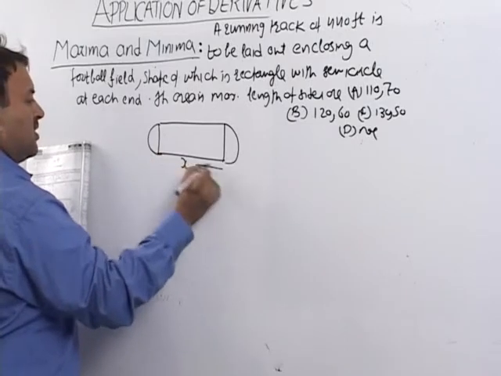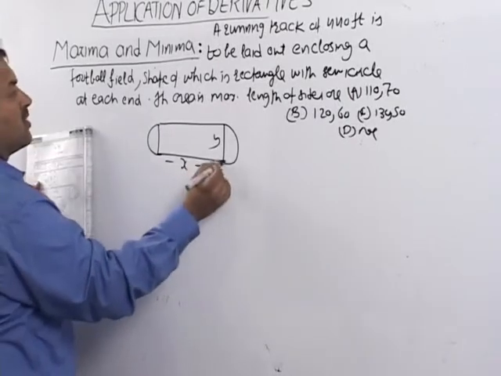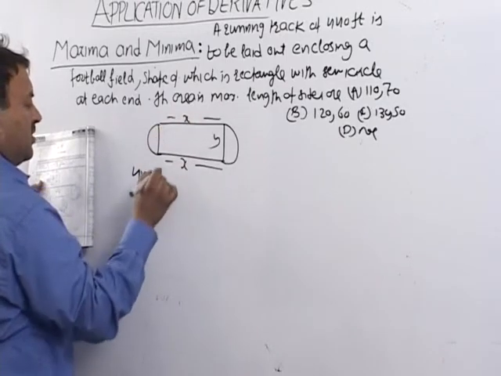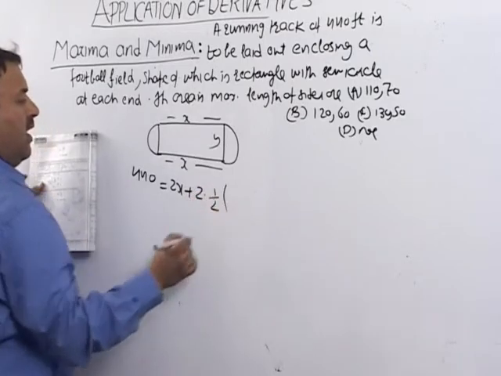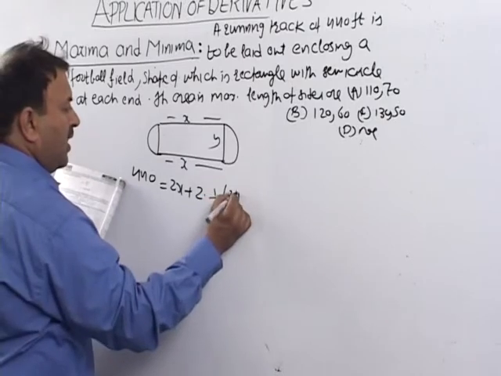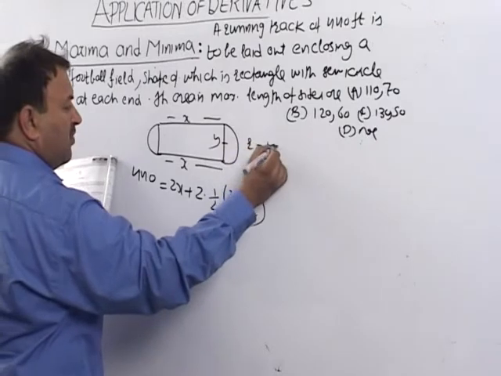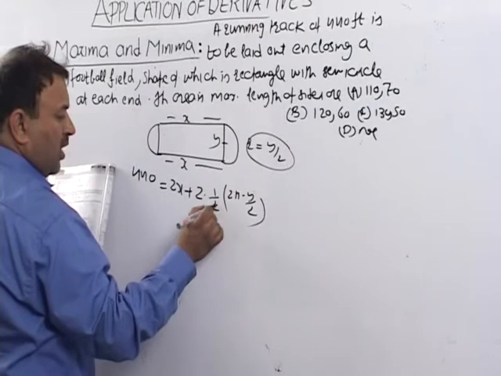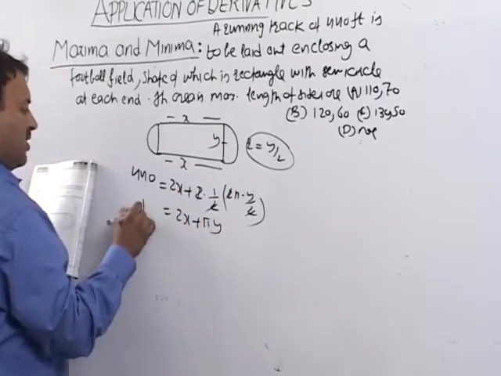This is X, this is Y. Now the whole circumference is given as 440. 440 is equal to 2X plus 2 into half into 2 pi r, where the radius of the semicircle is y by 2. So half 2 pi r, the 2 and 2 cancel out, and I get 2x plus pi y. This is 440.